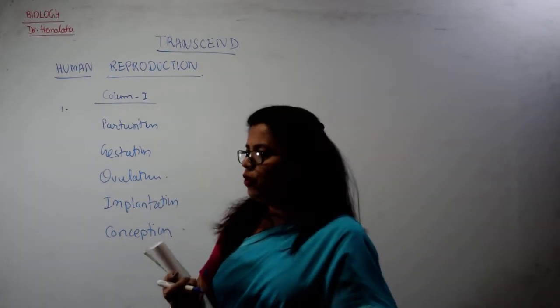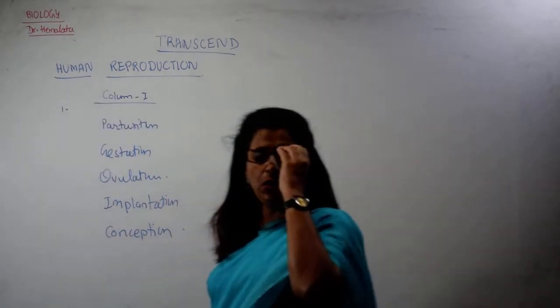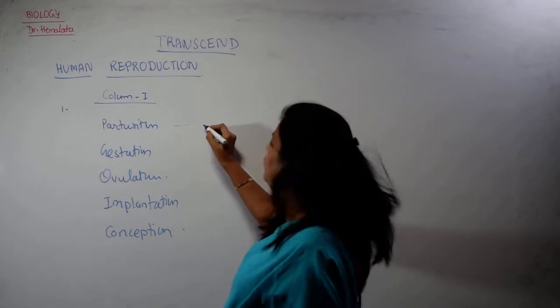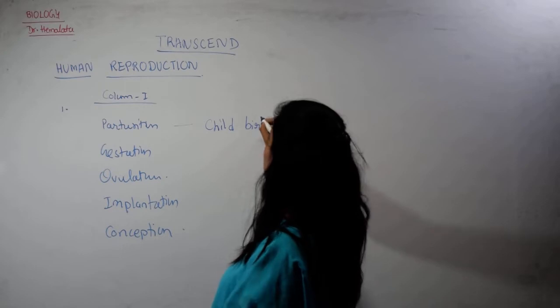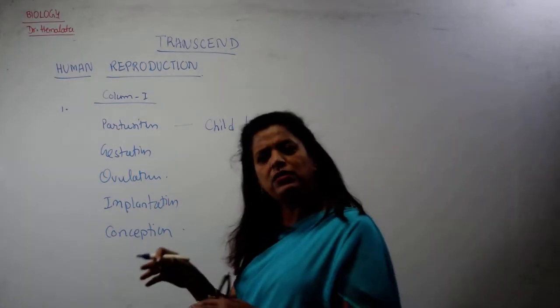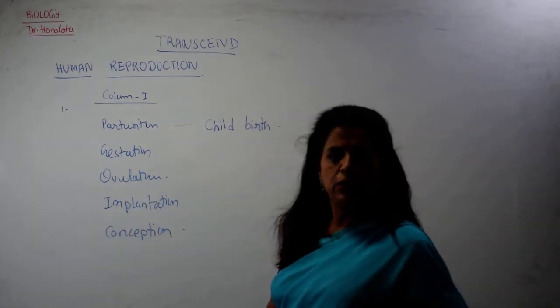Without even seeing the choices from column B, you can directly answer this. Parturition is the process of childbirth, right? You know this, the common meaning you should already know. Instead of going through the answer key to see whether they are right or wrong, you should first know what they are.